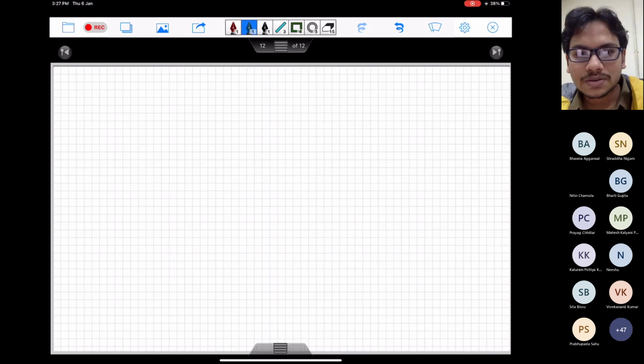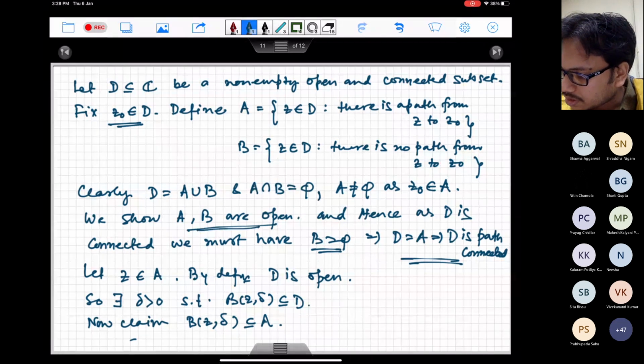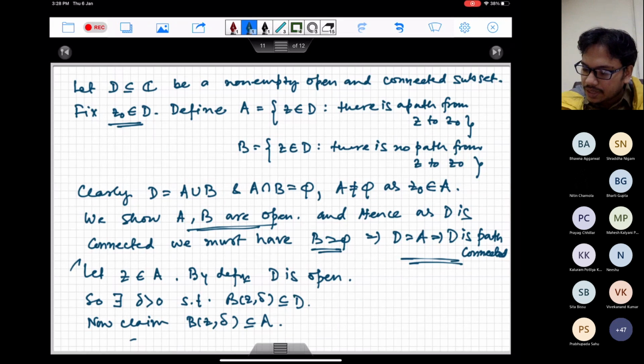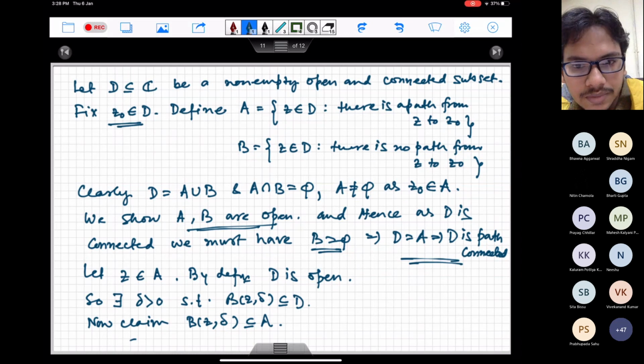I want to show A is open, so I need to prove this one. This is the proof that A is open. So I have to show that this one is a subset of A. Open sets are connected? No, here I still don't have anything to be connected.